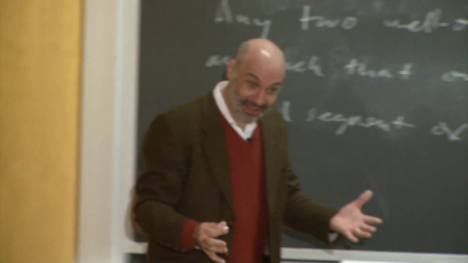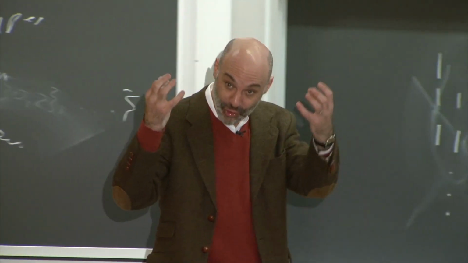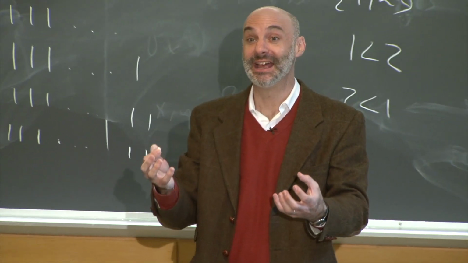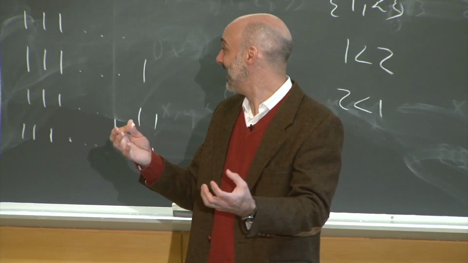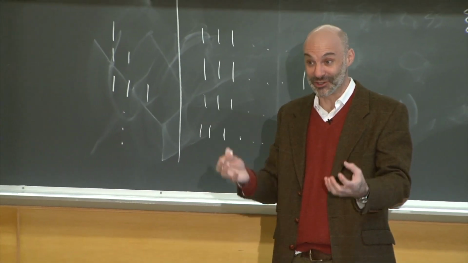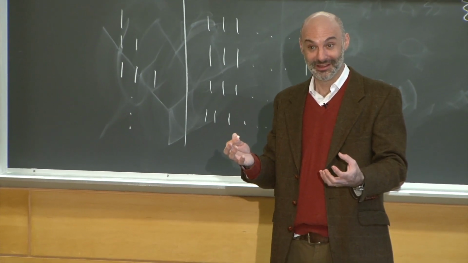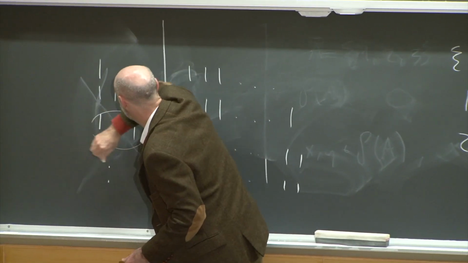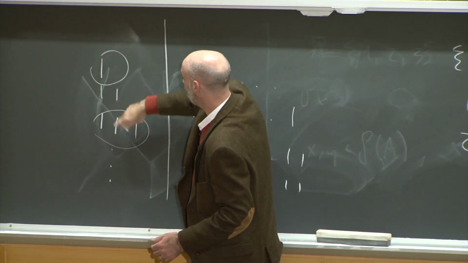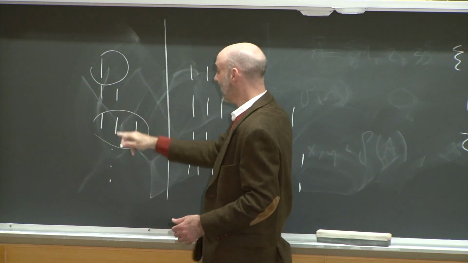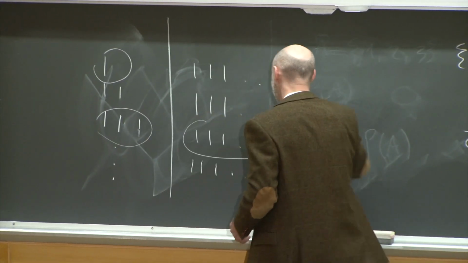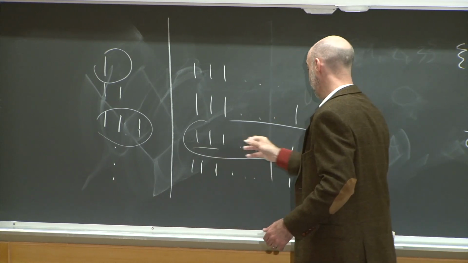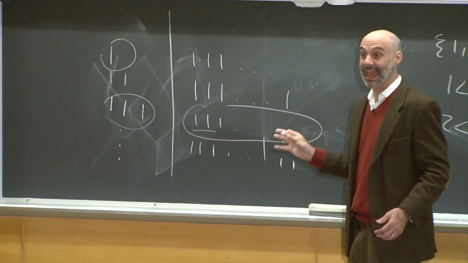Because if you have two well-ordered types, you can say that the smaller one is whichever one is an initial segment of the other. So for example, you take these two, you can say that that one's smaller, because this one is an initial segment of that. And if you take this one and that one, you can say that this one's smaller because it's an initial segment of that one, and so forth.